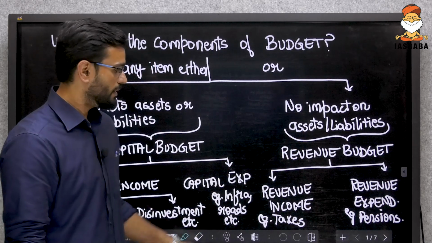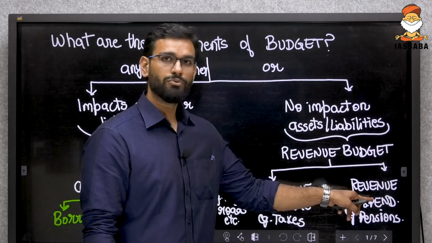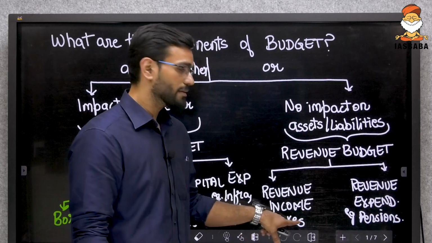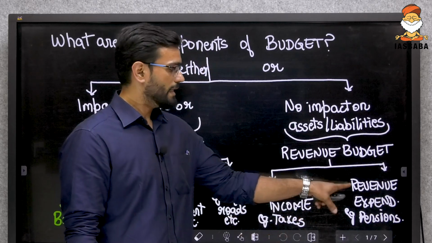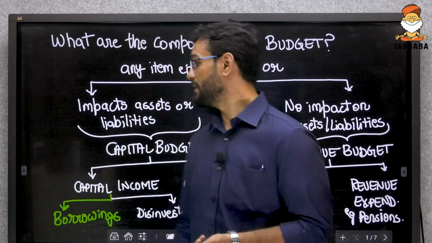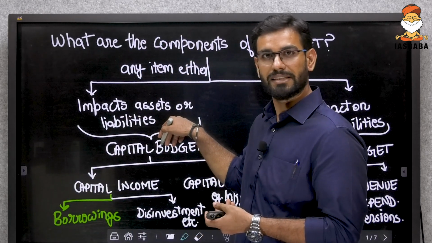Now see, in the budget there will be income and expenditure. So there will be revenue expenditure and revenue income. In revenue income, for example, taxes, and in revenue expenditure, for the government, for example, pensions. Similarly, the capital budget gets impacted by assets and liabilities.